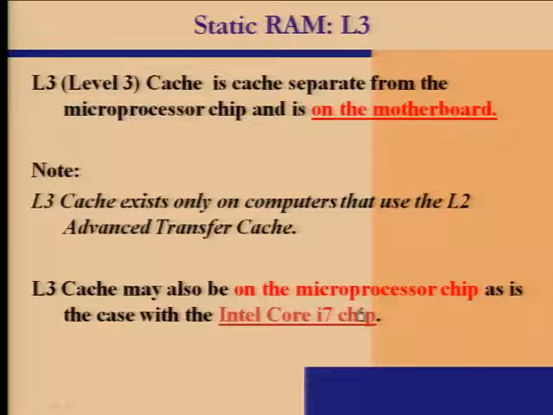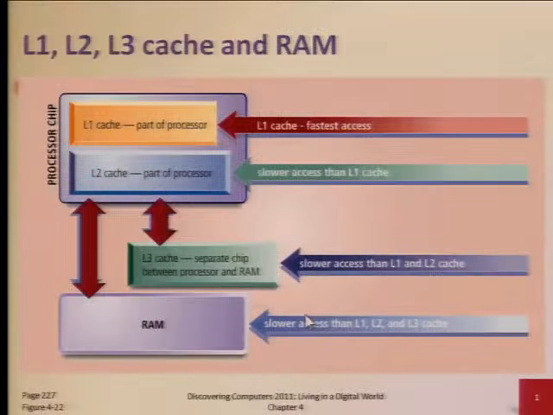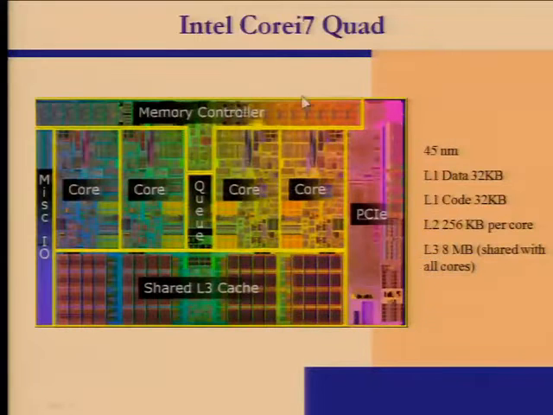One typical example is the Intel Core i7. If you take a look, there is a shared L3 cache. There are 4 cores, and each core has its own L1 and L2. Together, they have enough space to squeeze in a shared L3 cache.